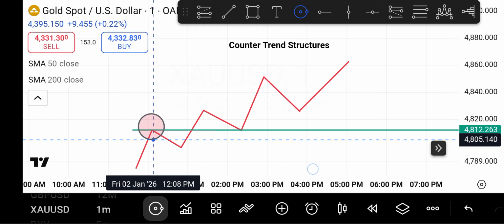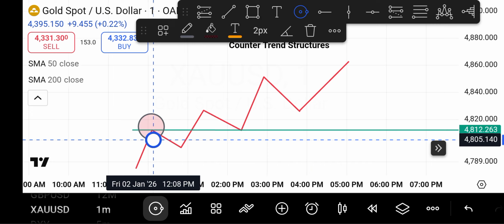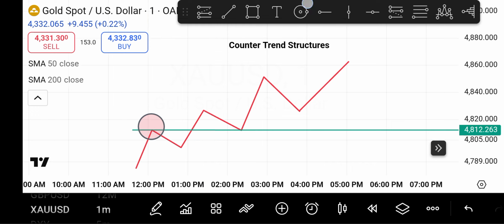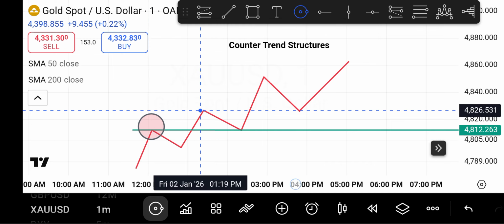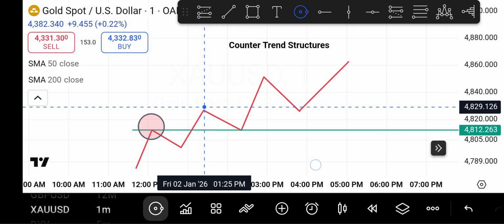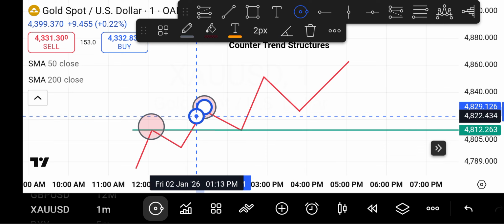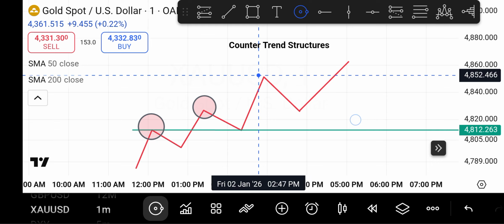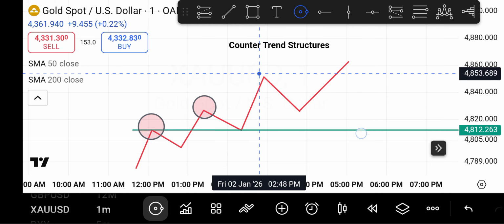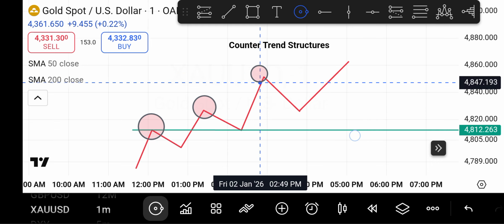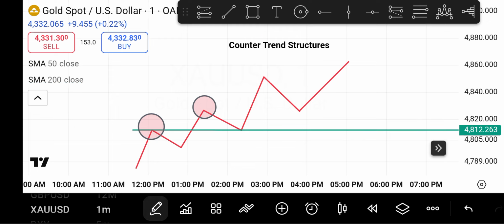This was the previous high at first. The market closes above it to this high, another previous high, while this is also another previous high. So I expect the price to close above this previous high.